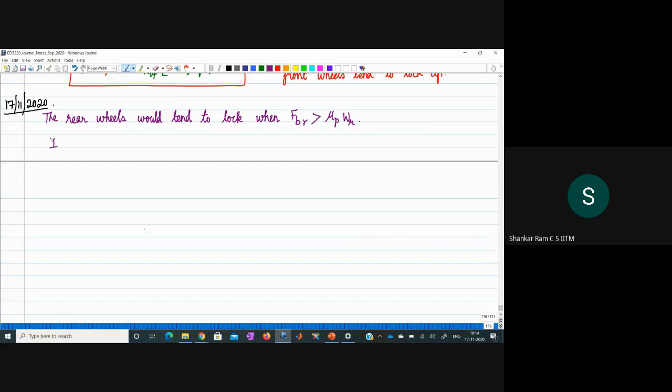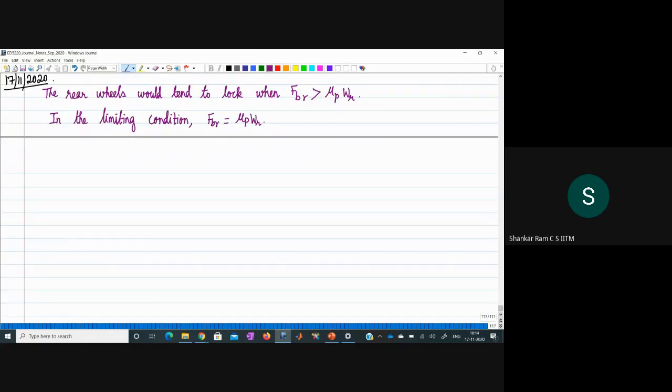So in the limiting condition, FBR is equal to mu P times WR. That is the limiting case, when the lock may tend to happen.